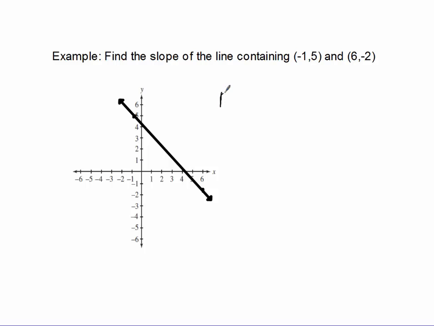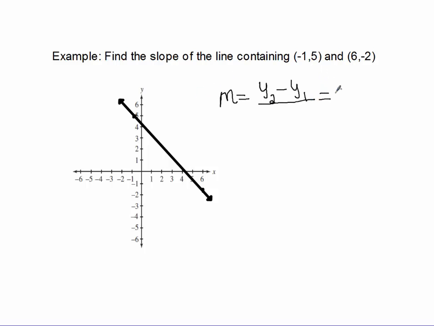Now I could just look at the formula. Remember the slope formula we just saw said to find the slope, we take our two y-coordinates and subtract them to find that distance. So let's do that.